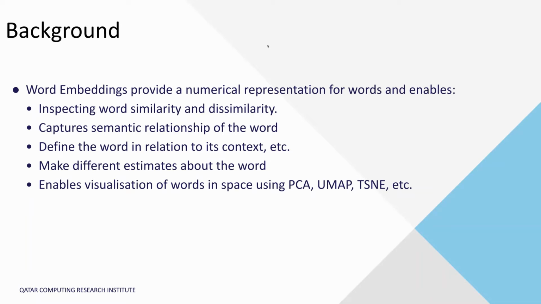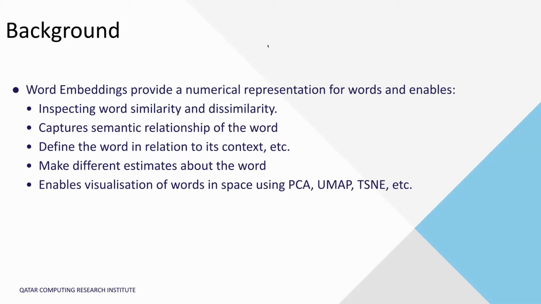Using this representation, we are able to do word similarity, word dissimilarity, look at the semantic relationship of words, and define a word within context. Also, because everything is now represented in numerical form, we can do visualization.